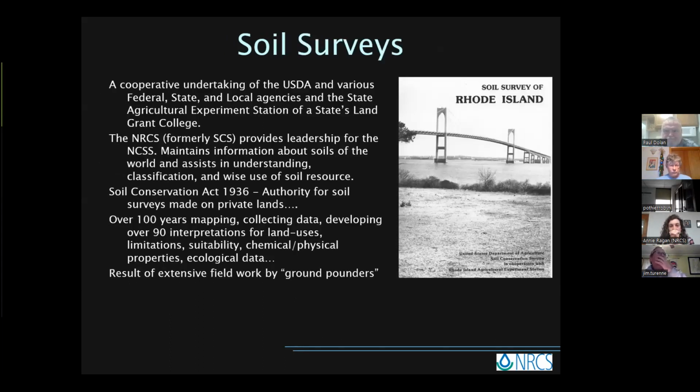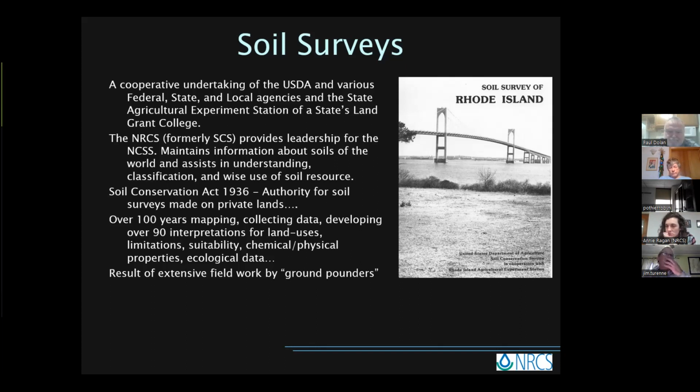The last part is just dealing with soil surveys. This is basically what I spent most of my career making, walking the landscape, digging holes, classifying the soil, developing a soil landscape relation, and delineating soils, and then collecting a lot of the background data on the soil. We've been mapping soils for over 100 years, and we pretty much have finished most of the country except for some of our federal lands, which we're still actively mapping right now.